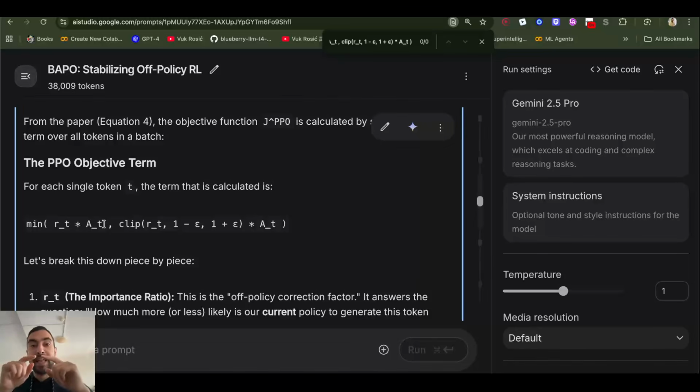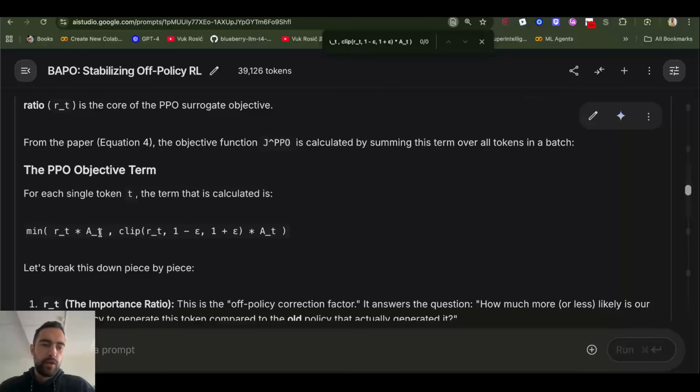And actually you can reverse all of this logic for the negative answers. If it was very likely but gave a negative answer, then the likeliness will go down a lot. But if the token was unlikely in the first place and gave a negative answer, it will not go down so much in the likeliness.